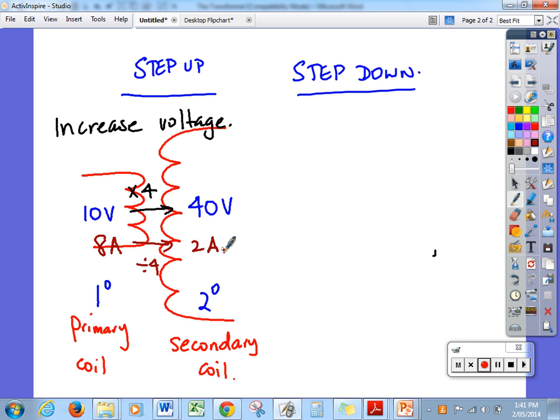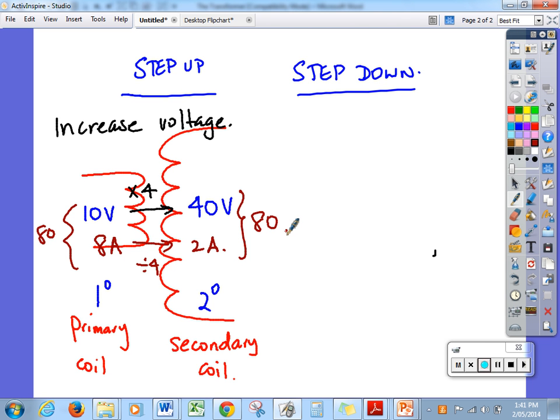Notice that in the primary coil, if you multiply current and voltage, then it equals 80. And if you multiply current and voltage in the secondary coil, it stays as 80. Okay? I'll explain why that happens in a few more moments. So that's what a step up does.